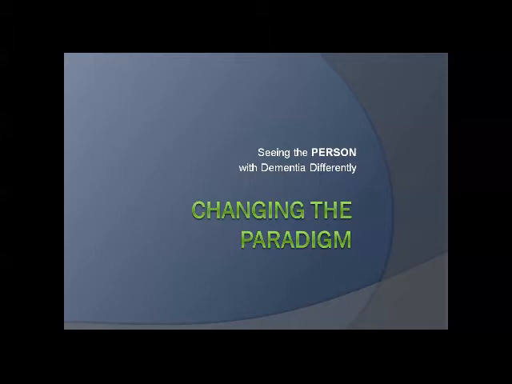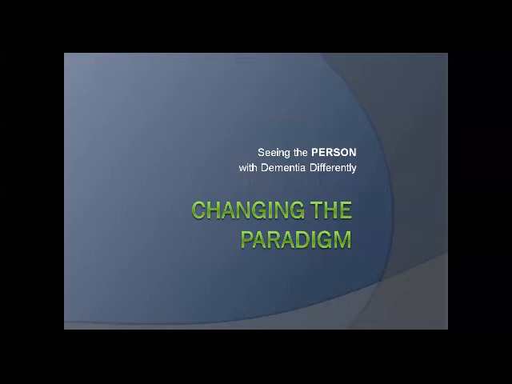I feel it's really critical that we change the paradigm globally, so that people understand that people with dementia, even advanced dementia, when they lose communication skills, are still in there and still the very same person they've always been.